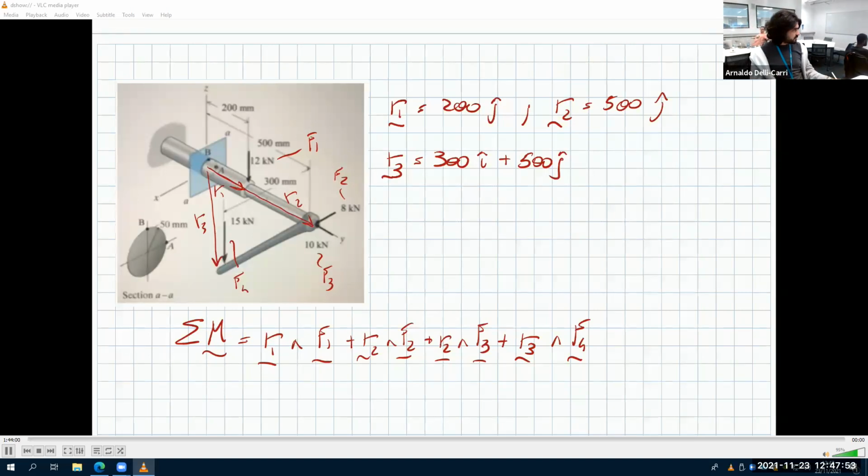And we need to find the forces as well. So F1 is minus 12k, in kilonewtons. F2 is this one, which is plus 8i.